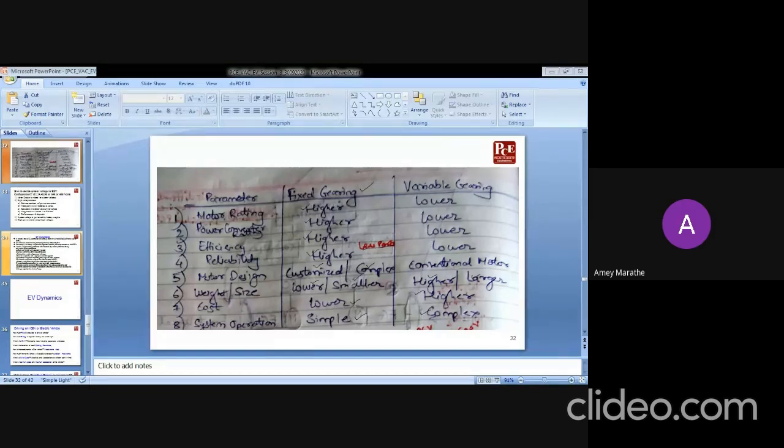Out of these three, we have seen configurations for two: six different configurations on the basis of propulsion, and six different configurations on the basis of energy source. At the end, we compared which one is better and why. We compared whether we should go for a single motor or multiple motors, and whether we should go for fixed gearing or variable gearing. So all the pros and cons we have seen.